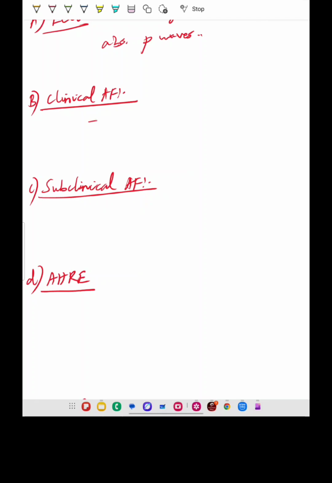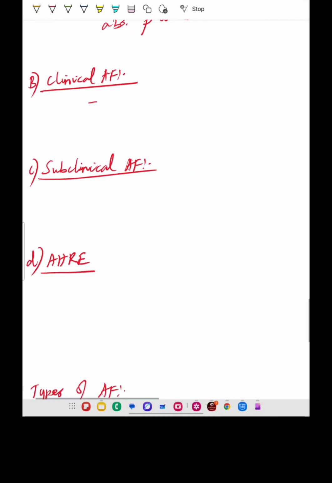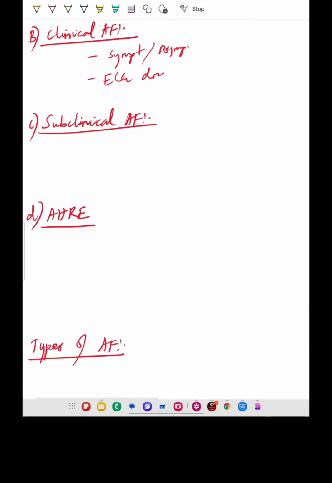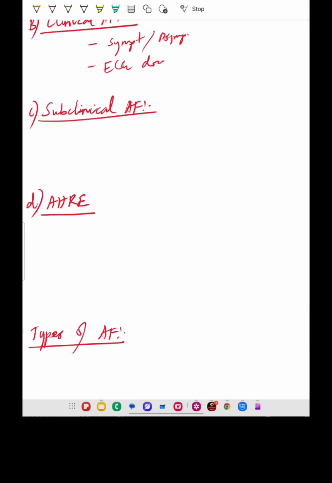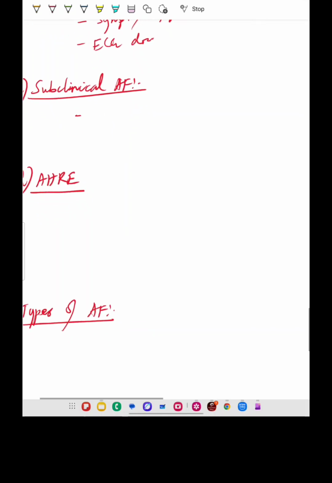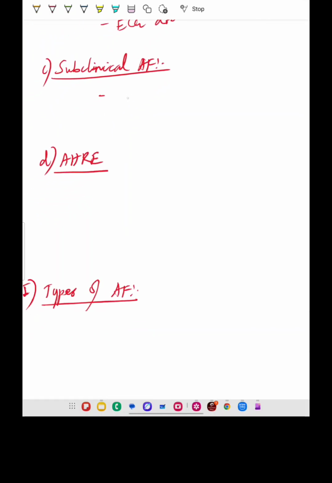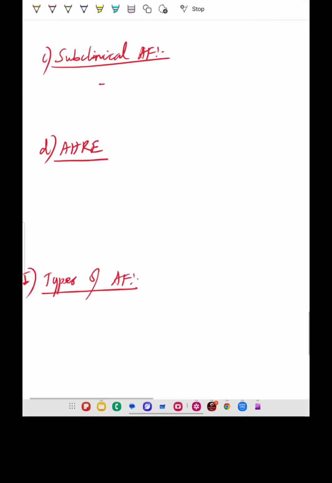And what is called clinical atrial fibrillation? Clinical atrial fibrillation is when the patient can be either symptomatic or asymptomatic, but they'll have an ECG documentation of AF. What is subclinical AF? This is atrial activity detected by your implantable cardiac devices or your pacemaker.